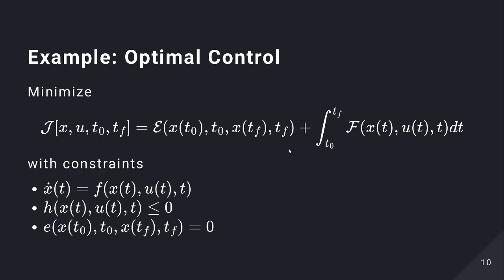They're called endpoint conditions, or typically a loss at the starting point and endpoint. Then you have the integral of some function over your trajectory, which is the cost, like maybe you want to minimize how much energy your robot is using, or something like that.